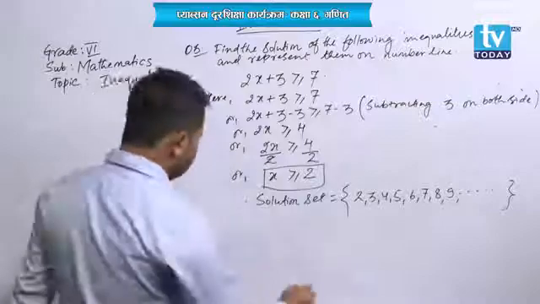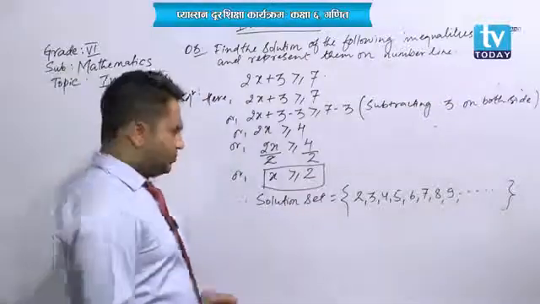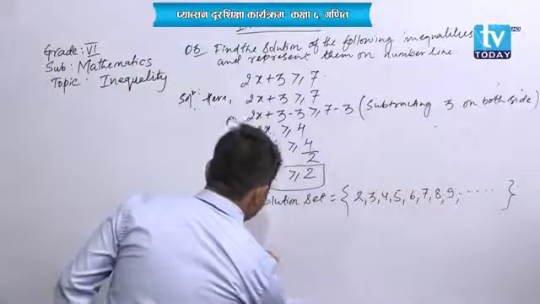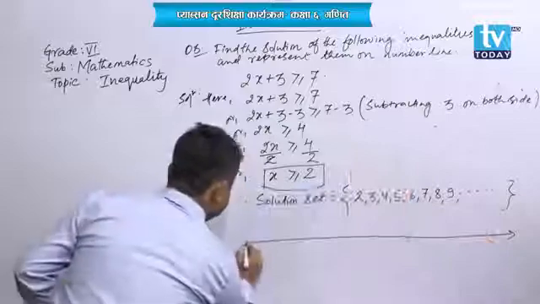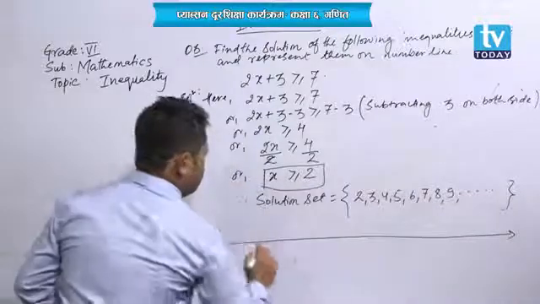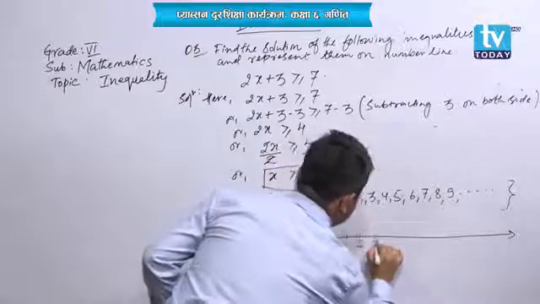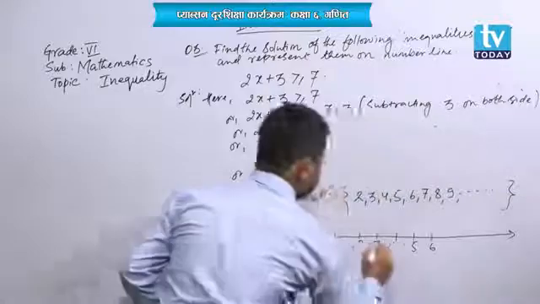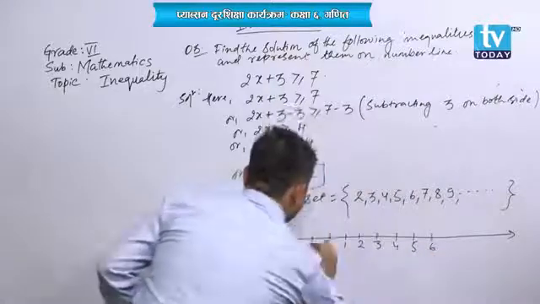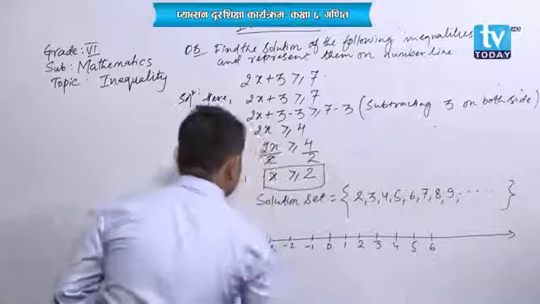Now again you have to represent this in number line also. In this way you have to represent in number line: 0, 1, 2, 3, 4, 5, 6, minus 1, minus 2, minus 3, minus 4.